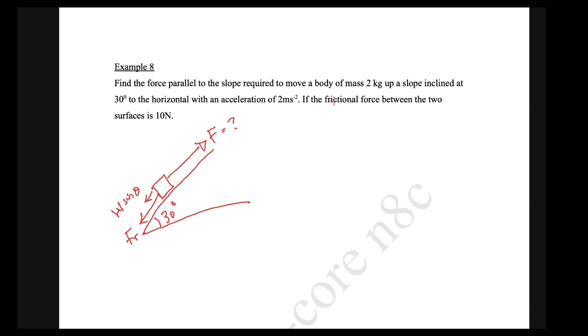Now we have to look for this force. So now, resolving the forces along the plane, your F is upward, your frictional force and W sin theta are downward. So it means that F minus W sin theta plus frictional force must equal MA.